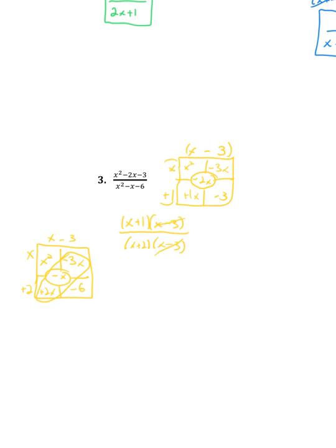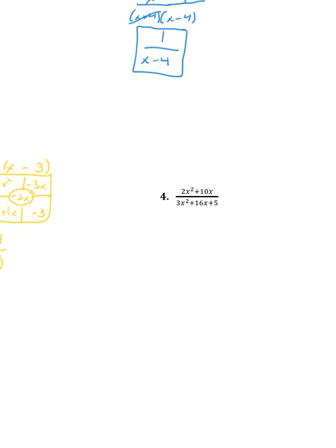And I'm left with x plus 1 over x plus 2. That's my simplified result. So I can use that first part of problem 3 to help me answer the second part of problem 3, which is kind of nice. Because I was able to say, I hope there's an x minus 3 there, and there was. I could have done that with an x plus 1 as well and tried it out.